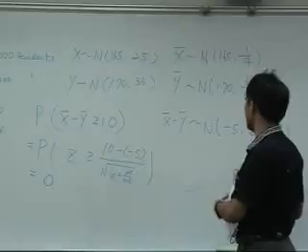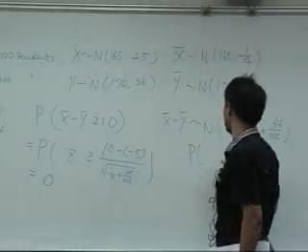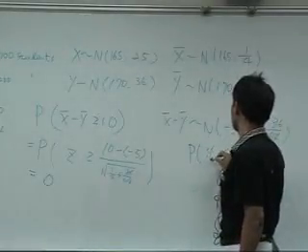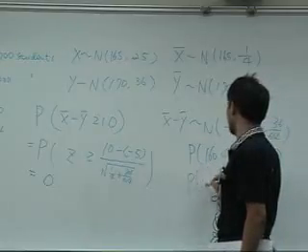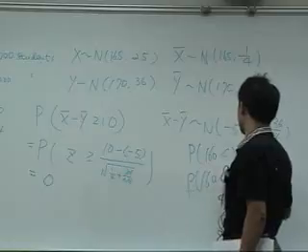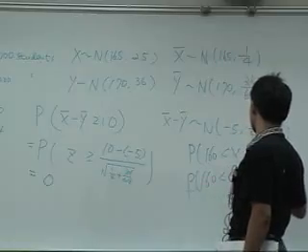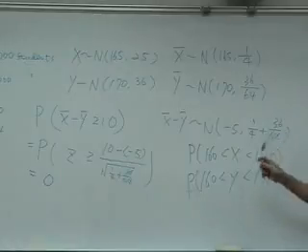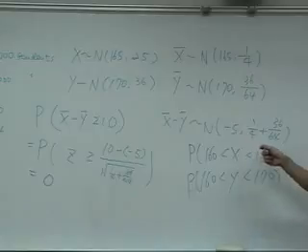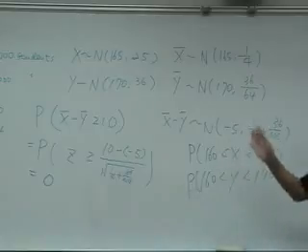For the second question, we are talking about the probability of X between 160 and 170, right? And the probability of Y between 160 and 170. Okay? So basically, this is the simplest question. You transform these two into Z, then it is done.